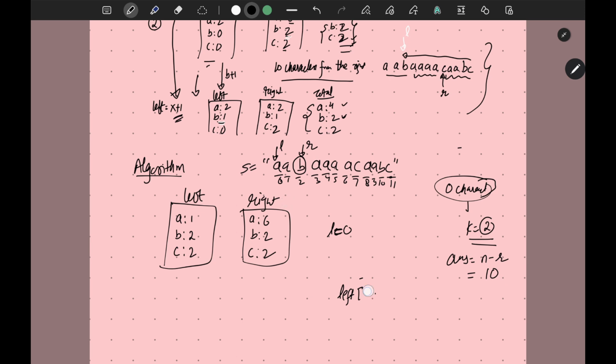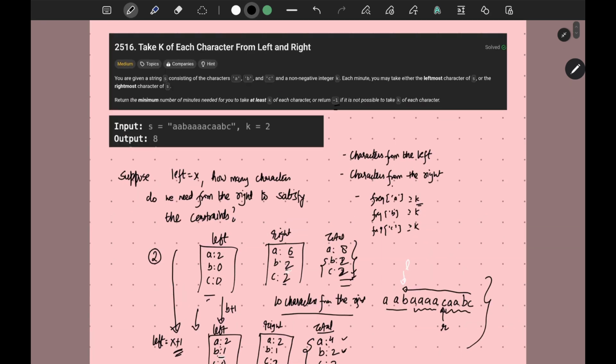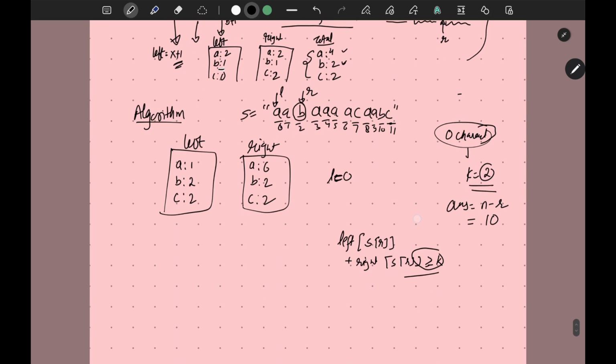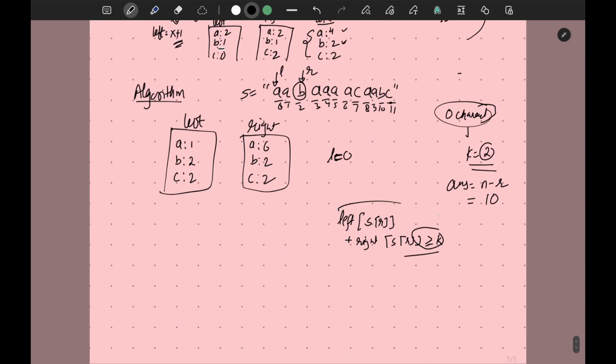So what we have to do, if we are moving r, is ensure that left of S[r] plus right of S[r] is still greater than or equal to k. If we move r and this is violated, then our constraints will not be satisfied. So if we are moving, we have to ensure this holds.